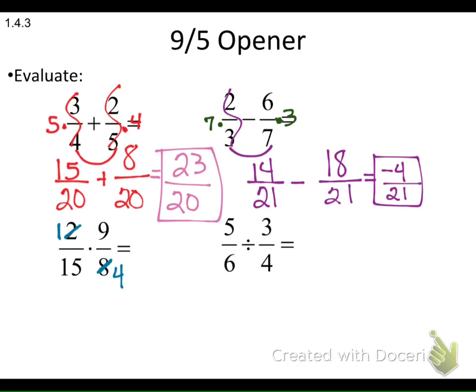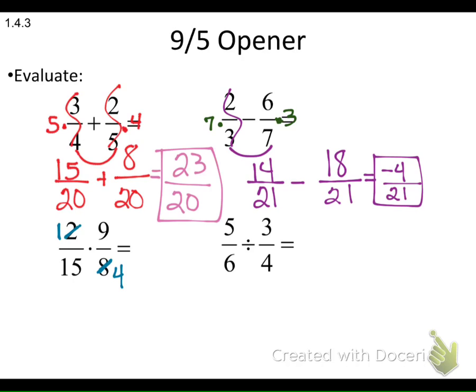So I go to my next numerator, and I check it to see if I can reduce it with any of my denominators. Can I reduce 9 and 4? No. Can I reduce 9 and 15? Yeah, by what? What are 9 and 15 both divisible by? 5.